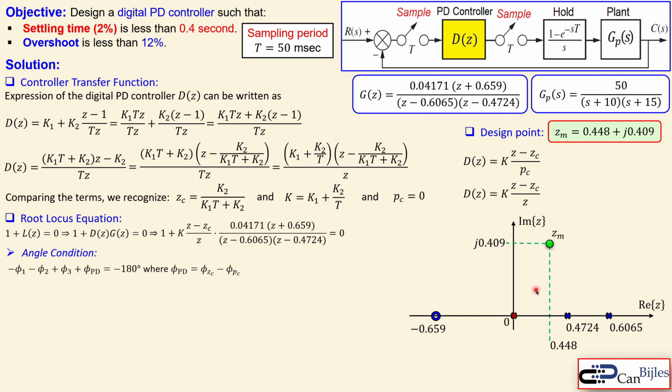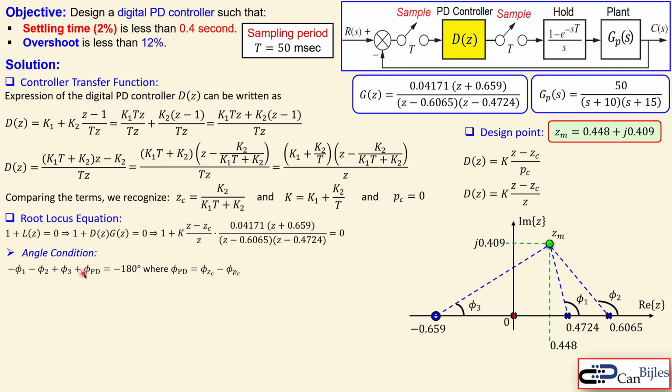And this is Zm. Now we will relate the phase, in this case the first condition, towards this design point for these poles and zeros. So let's start. We start with the first pole, then the second pole here, and the third one is the zero here. That will give you some phase contributions, phi 1, phi 2, and phi 3. These are the phases here.